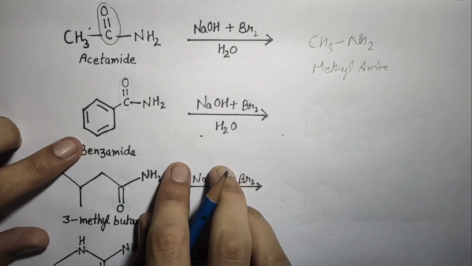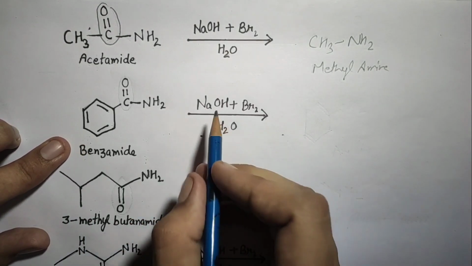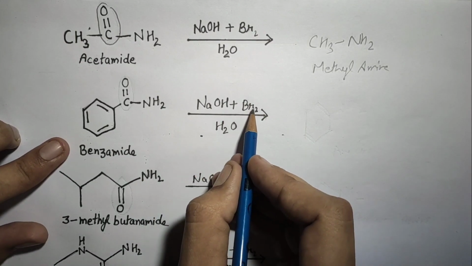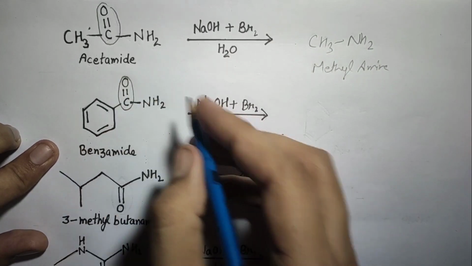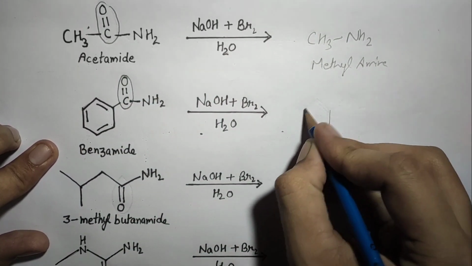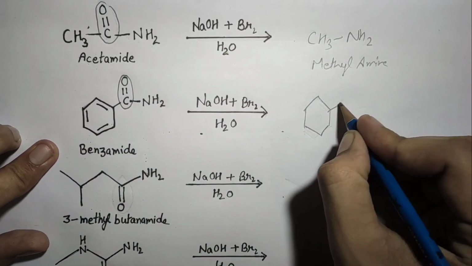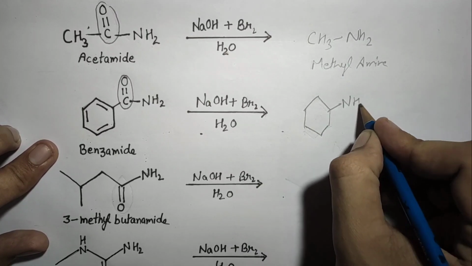Similarly, when this benzamide reacts with NaOH and Br2, this C double bond O group gets removed and we get this aniline.